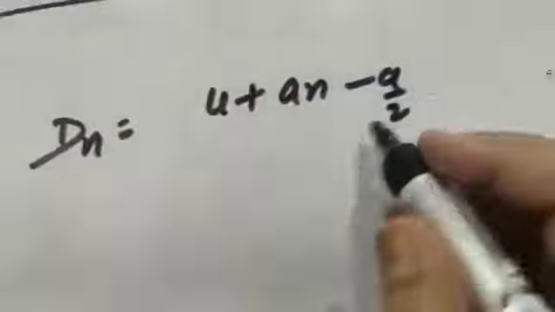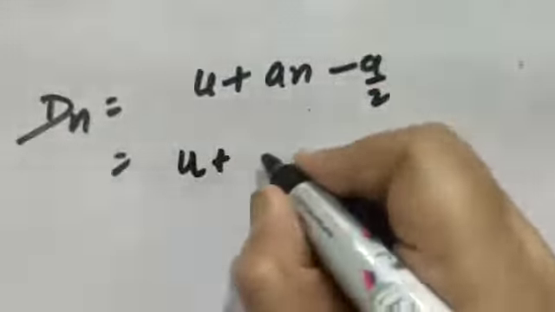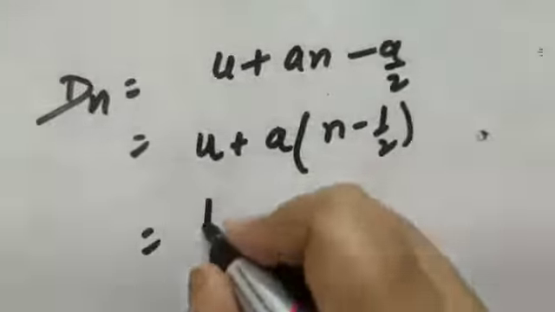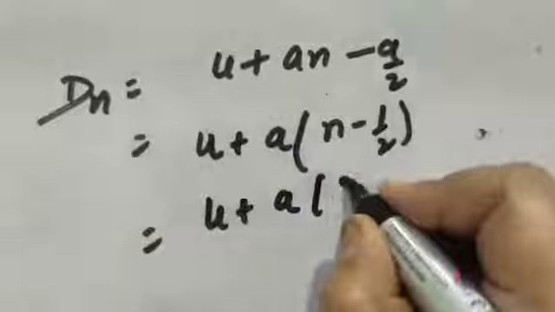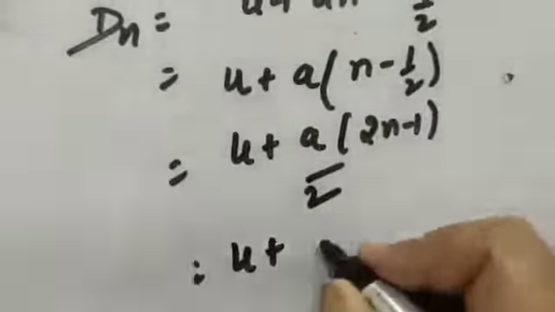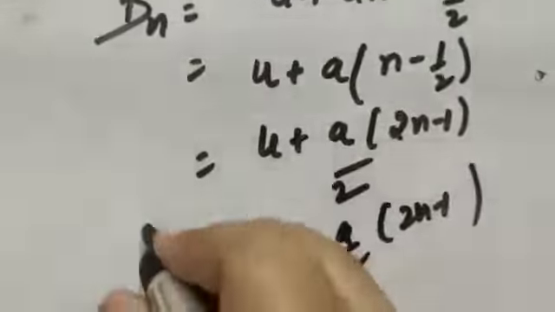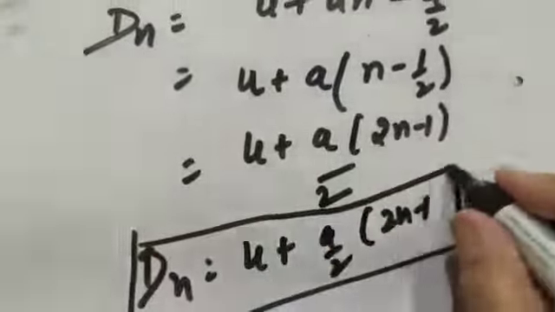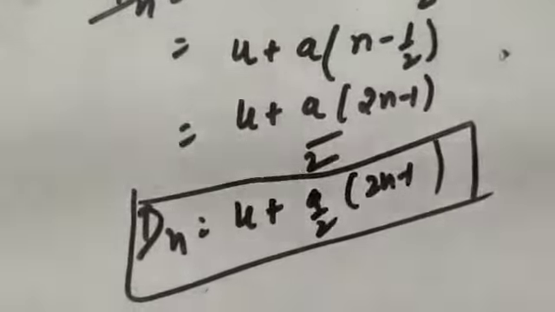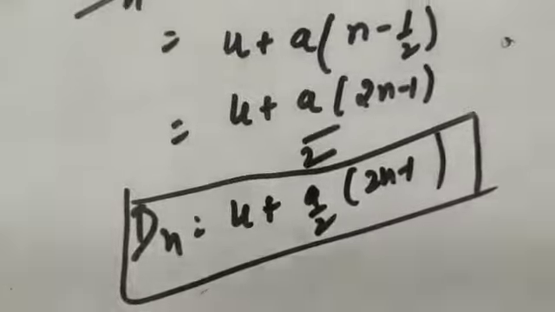Now taking a common from these two, u plus a times n minus 1 by 2, or we can write u plus a by 2 times 2n minus 1. This is the distance traveled in the nth second. So if a numerical comes, we can directly put the value of time as n and use this formula to find out the distance traveled in the nth second.